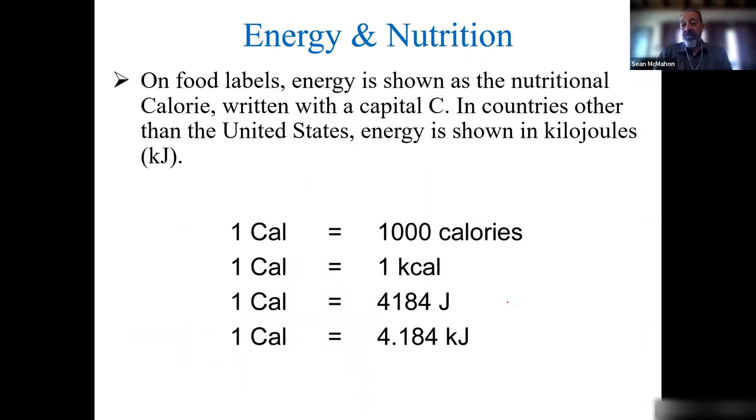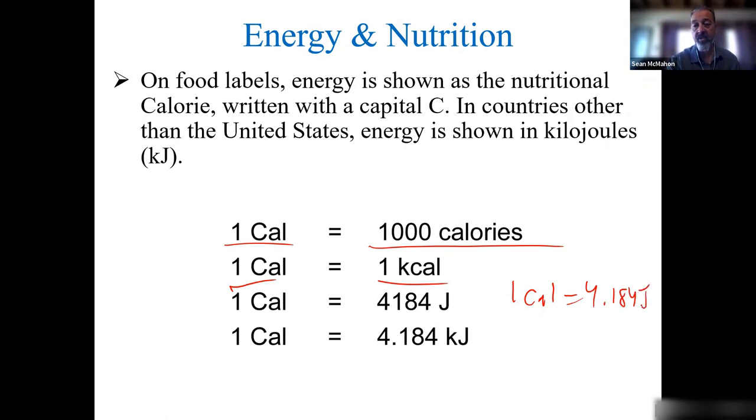So on food labels, calories, we see the big Cal. And again, the big Cal is 1,000 little cals. The big Cal is basically a kilocalorie. And for the most part, we know that 1 calorie, 1 little cal, is 4.184 joules.